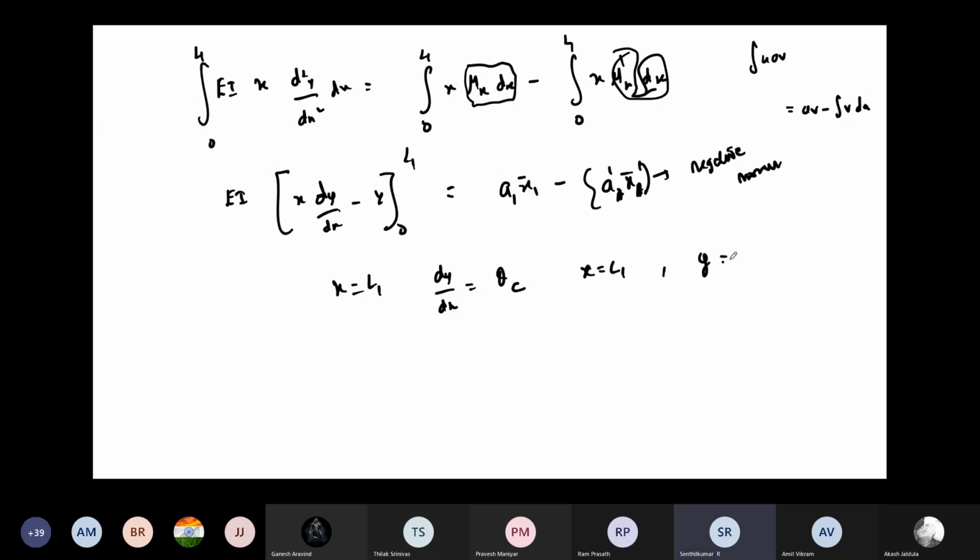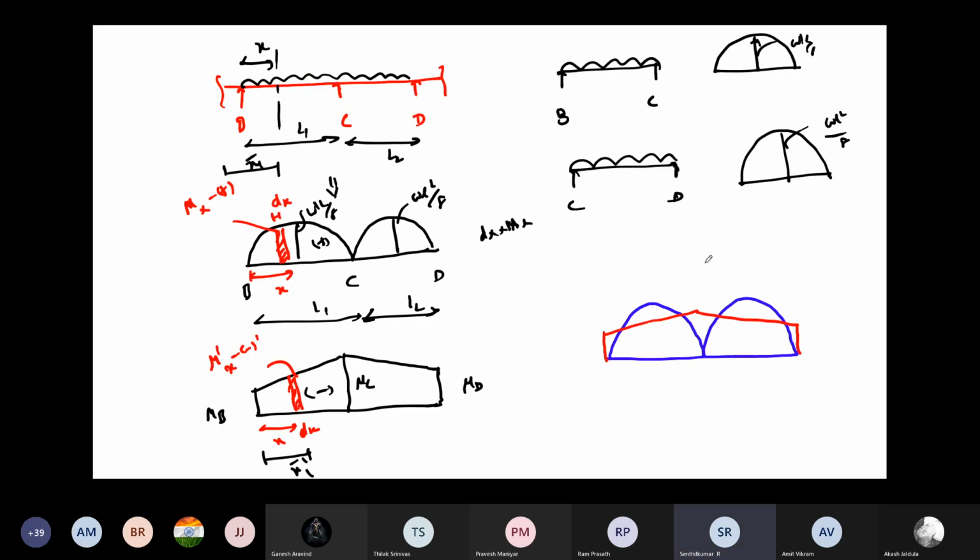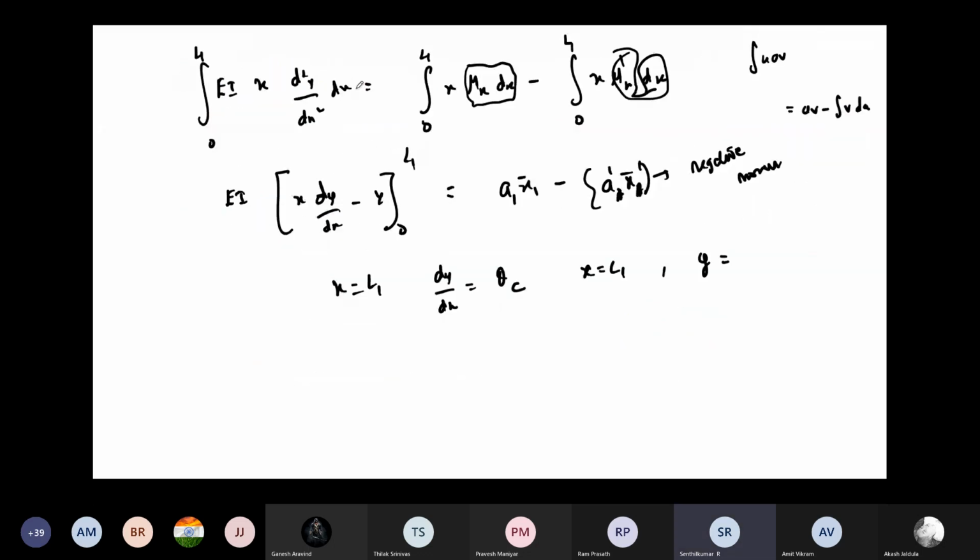That is the deflection at C. What will be the deflection at the support? The support won't move down, right? So this is nothing but the deflection at support C, which will be equal to 0.